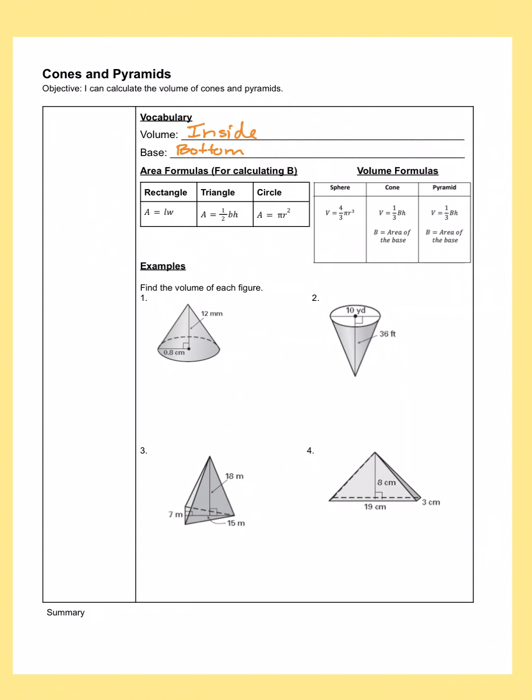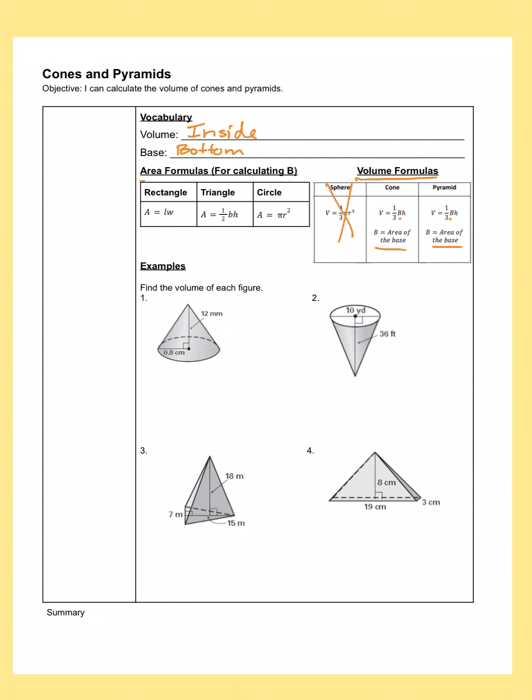And then we've got a bunch of different formulas here. We have our volume formulas. And in these volume formulas, we're actually not going to use the sphere right now. We'll look at that in another lesson. But we have this capital B in both of these. And it says that capital B means the area of the base.